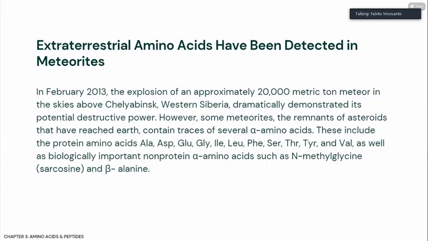Extraterrestrial amino acids have been detected in meteorites. Those interested in aliens, if there is life other than ours on planet Earth, meteorites that come down to Earth, they were able to find amino acids.